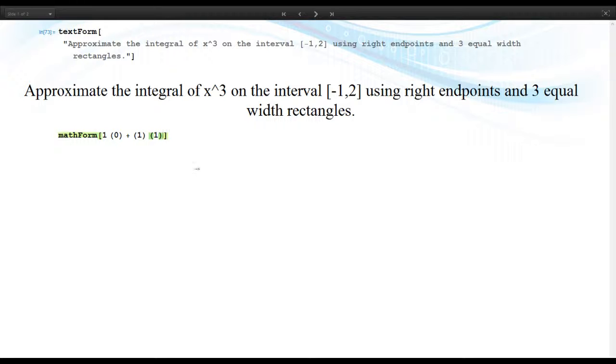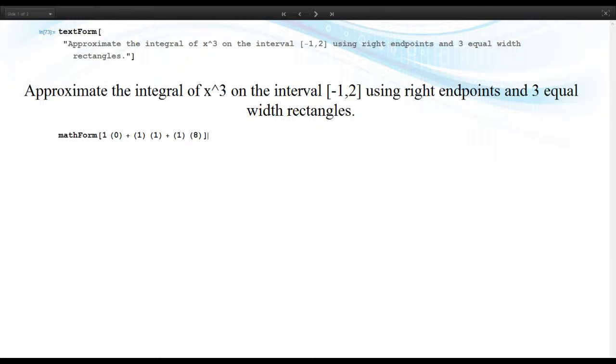And our last rectangle, the width is still going to be 1. It starts with its left bottom corner at 1, and it ends with its right bottom corner at 2. So that means that the height of the rectangle is going to be f of 2, and f of 2 is going to be 2 cubed, which is 8.